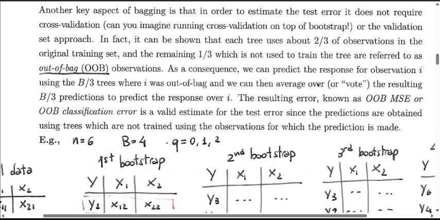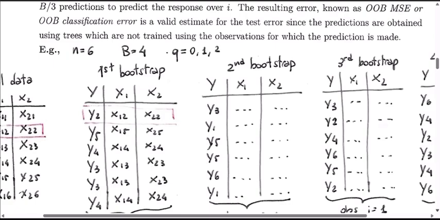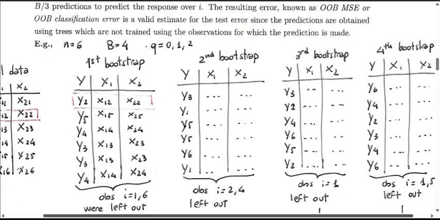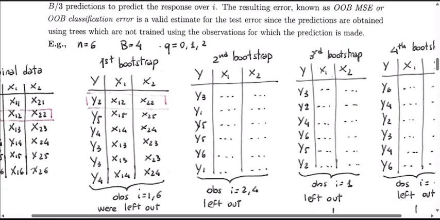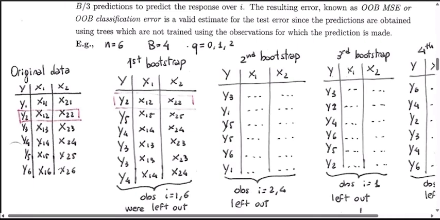We're still on bagging. Pay attention to what I want to do now. I want to do bagging with classification, where I have 6 observations originally, and I want to demonstrate with 4 bootstrap samples.